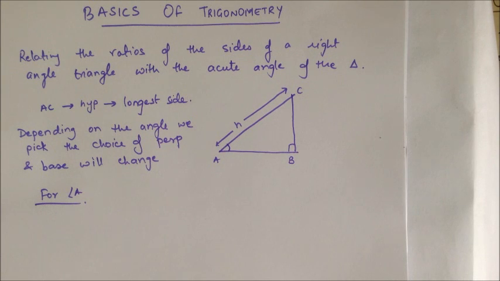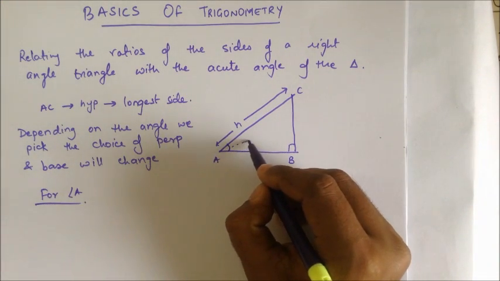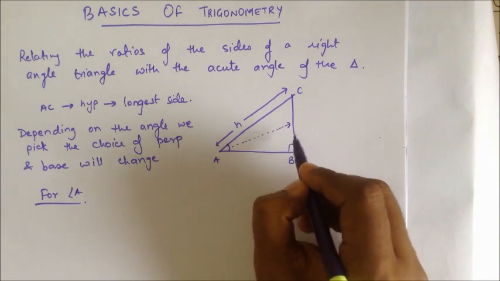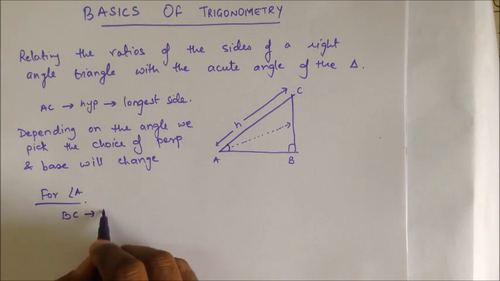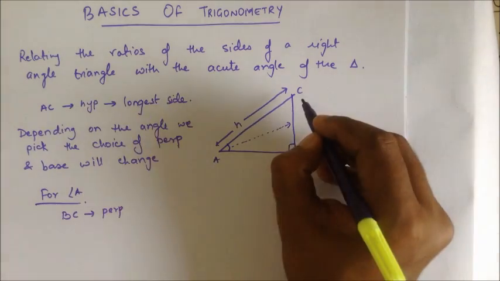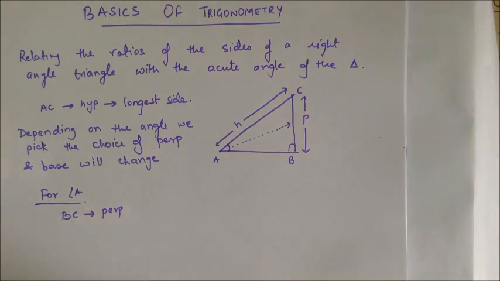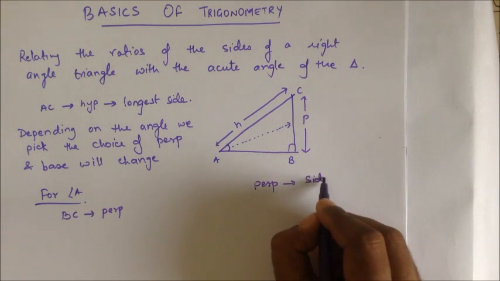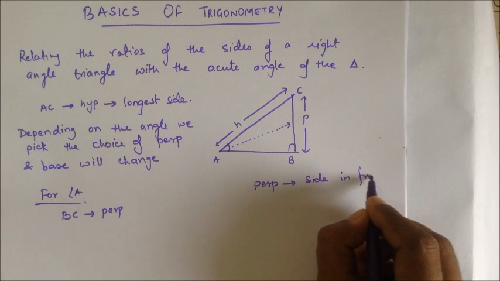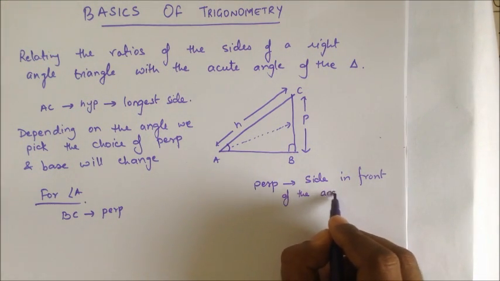Now perpendicular is always the side in front of the angle. So for angle A, the side in front of it is BC. Therefore, for angle A, BC would behave as the perpendicular, which in the diagram I'll denote by P. So perpendicular is basically the side in front of the angle.